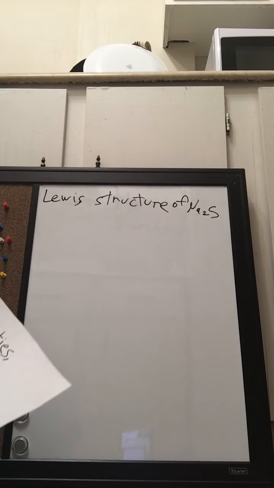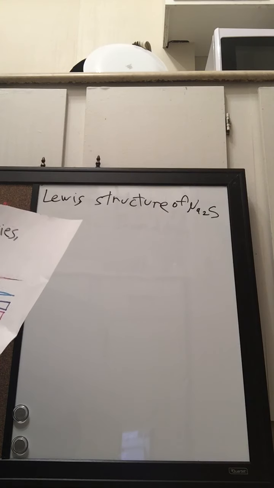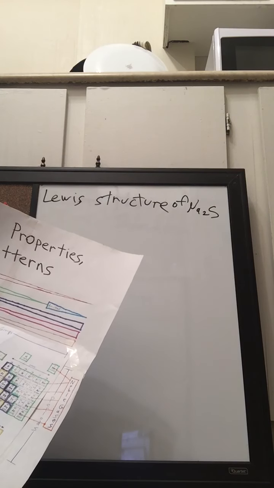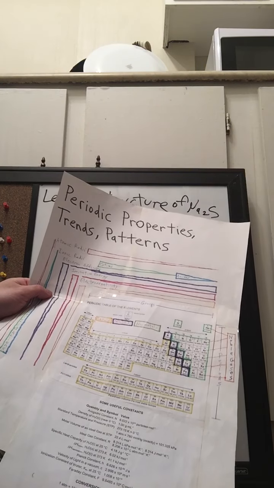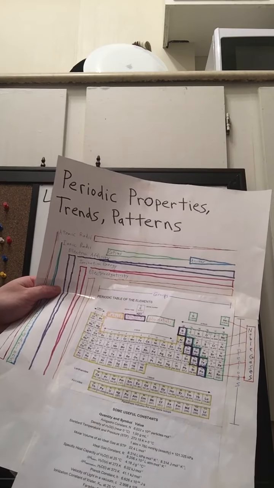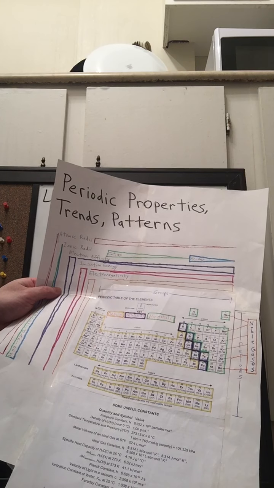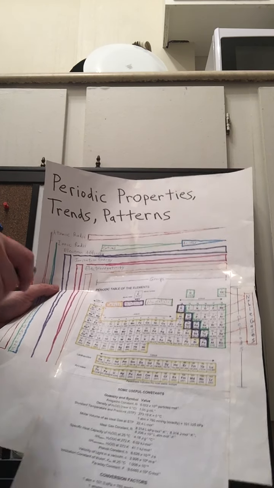For people that saw my last video, I went over the periodic table, and so here again is my periodic table. So the first thing that we take is Na, which is sodium.